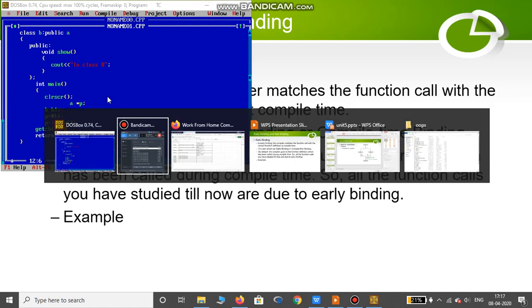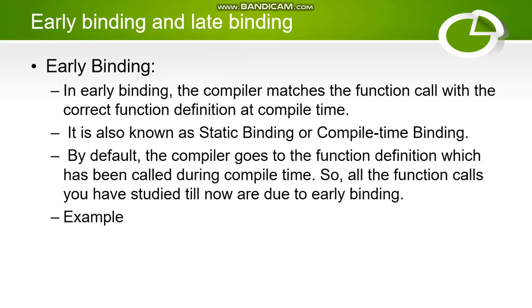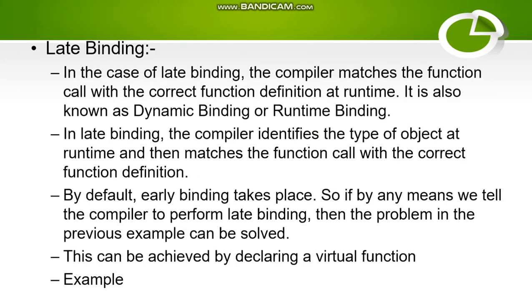Now the next concept is what is meant by late binding. In the case of late binding, the compiler matches the function call with the correct function definition at runtime. Same thing happens as in early binding, only the difference is that in late binding the compiler matches the function call with the correct function definition at runtime, not compile time.